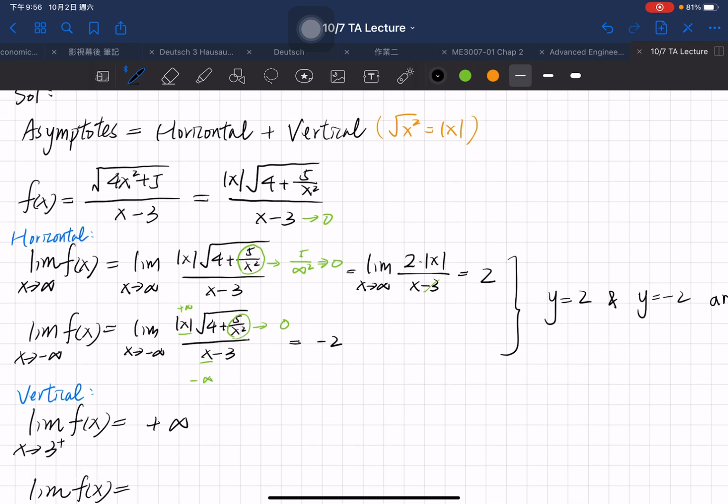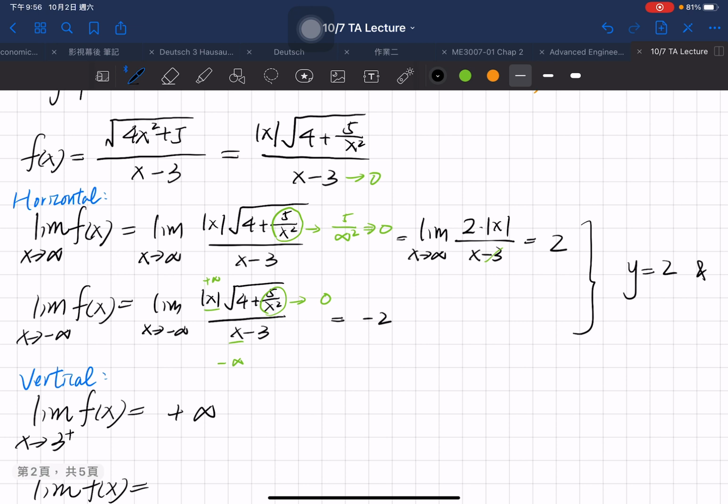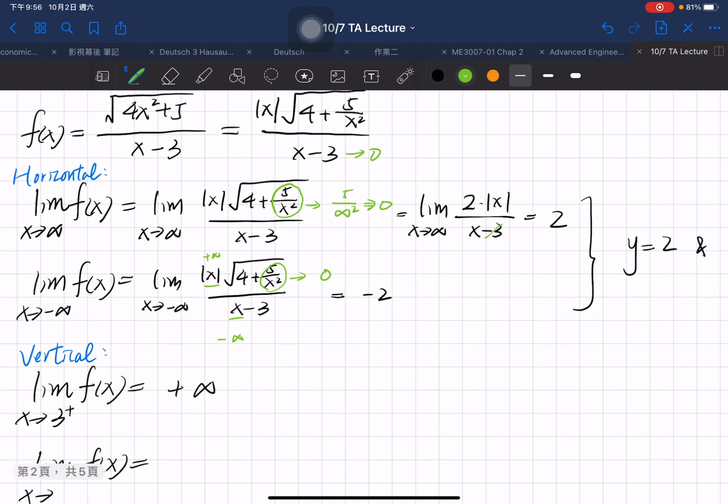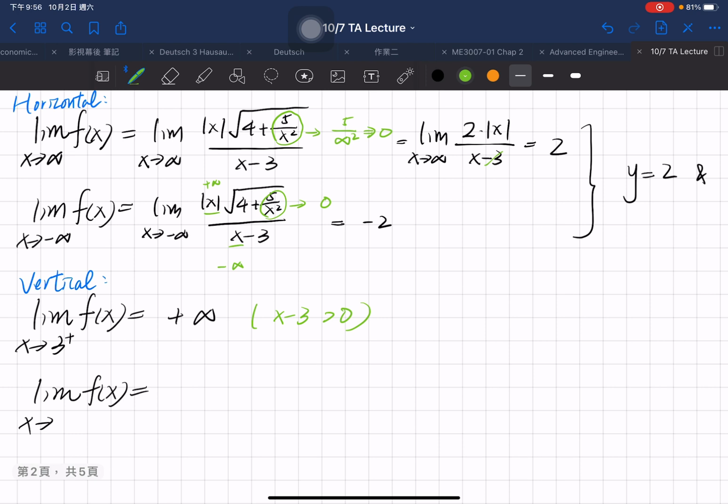Okay, because all the numbers are positive, and because your x minus 3 is greater than 0, right? And the other way, when our x approaches 3 from the minus side, f of x will explode to minus infinity, since x minus 3 is smaller than 0.